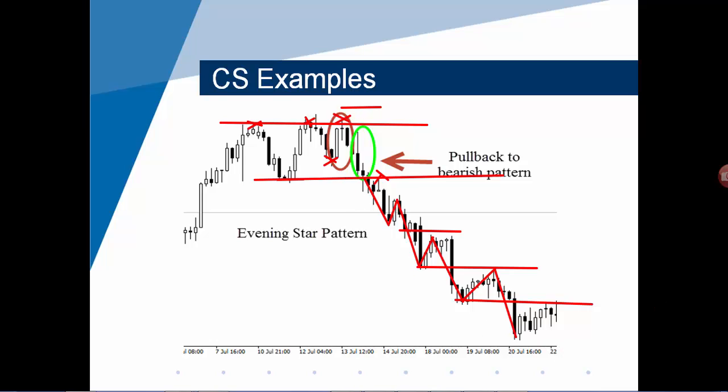We could have opened multiple positions at this point. So we could have opened a position here. This would be position number one. Then this could be position number two. This could be position number three. And here we could look at position number four. So we'd have had four open positions on this one trend.